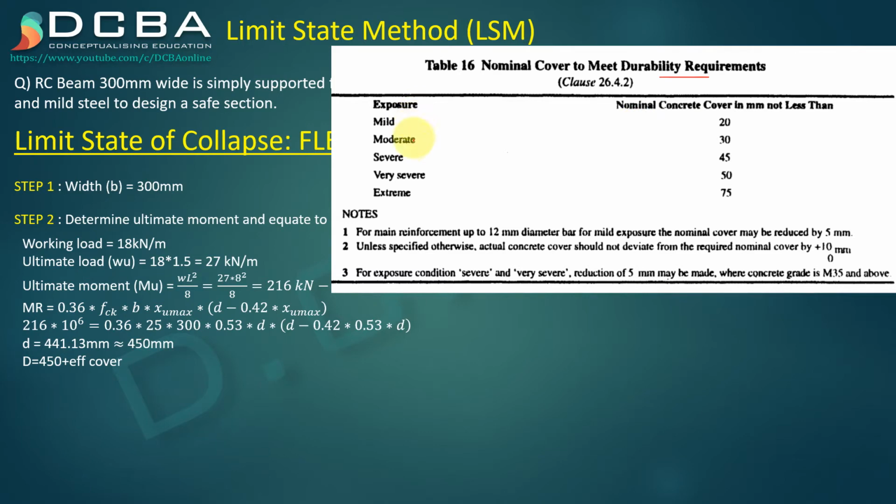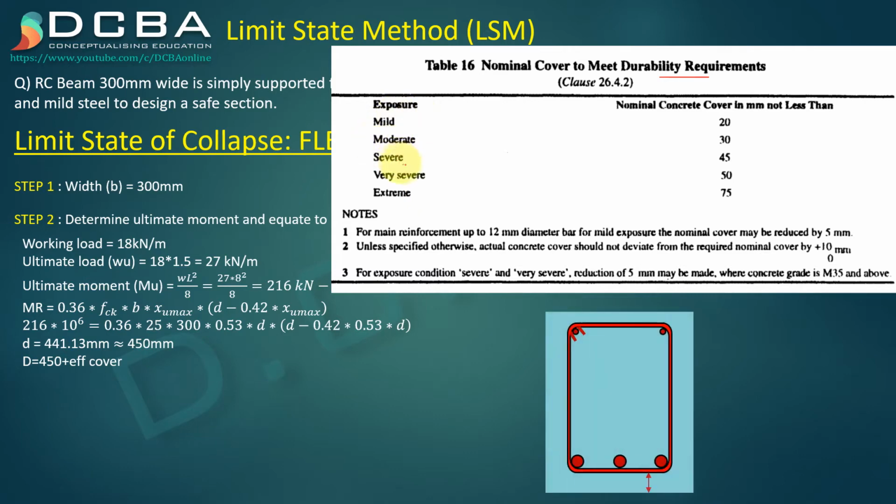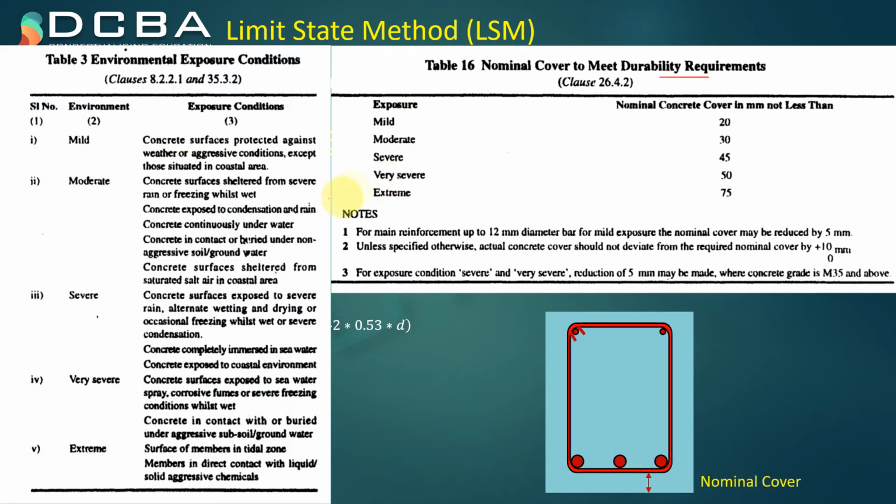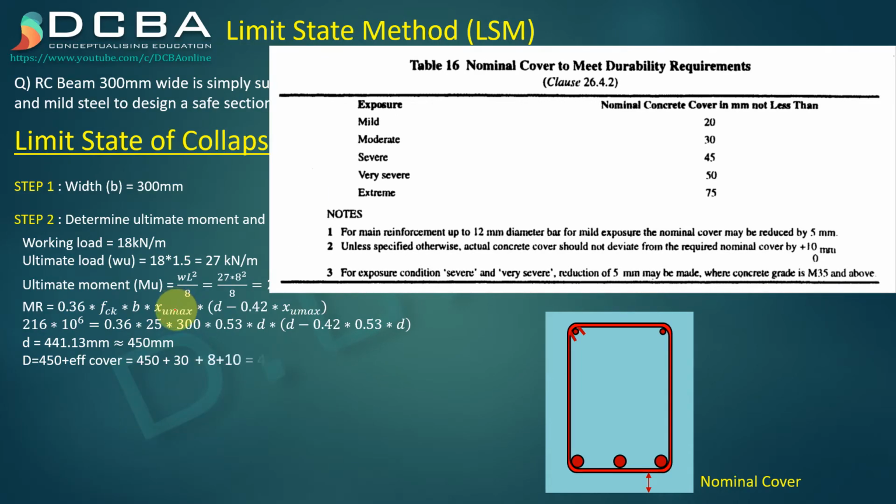And here they have given exposures: mild, moderate, severe, very severe, extreme. What are these exposures? These exposures are again given in IS 456 Table 3. What is a mild exposure, a moderate, severe, very severe, extreme? I would like you to read these exposures, and if you have some doubt, you can always ask me. We will be considering moderate exposure.